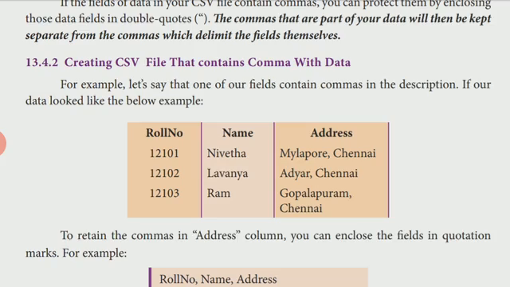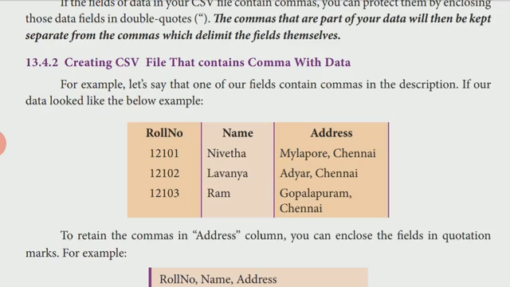In address they gave 2 values, and these two values should be displayed in one cell. We are using a comma to separate Mylapore and Chennai, and that address field should stay together.